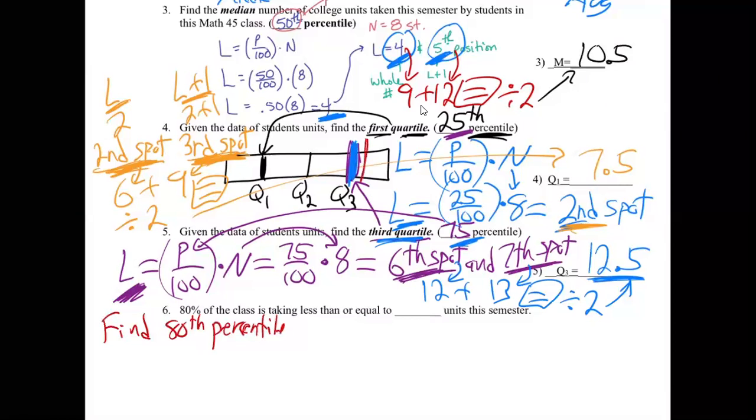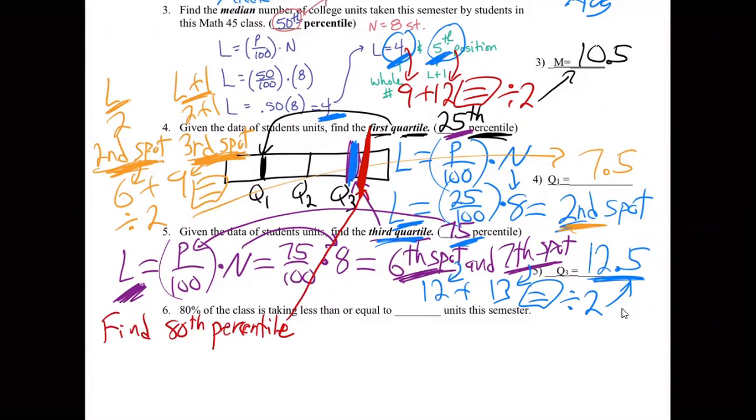In other words, it'd be about right here on the graph I made. You're just past the third quarter. It's like if you're watching a football game or basketball game and you're 80% of the way through the game. Does that make sense? We're about 80% of the way through the game. So find the 80th percentile.